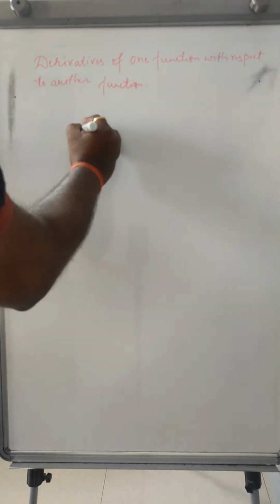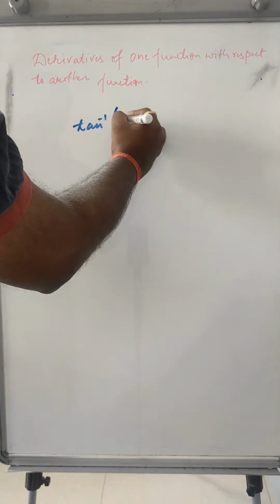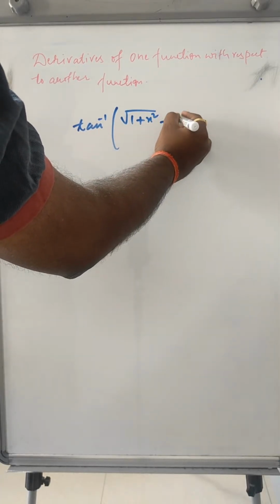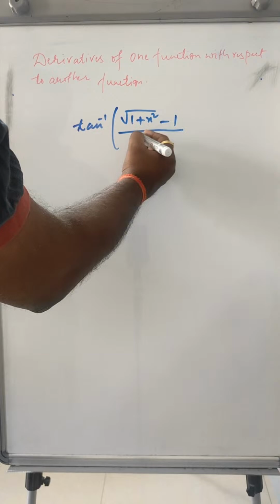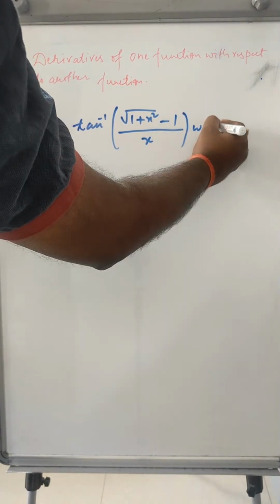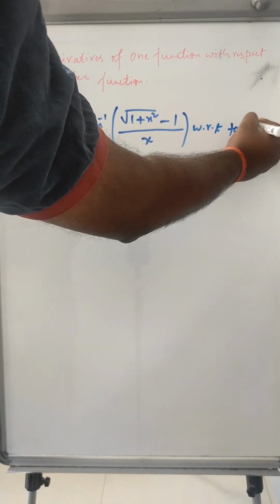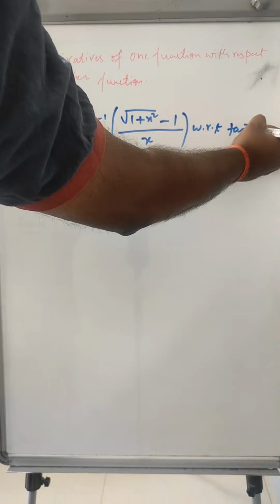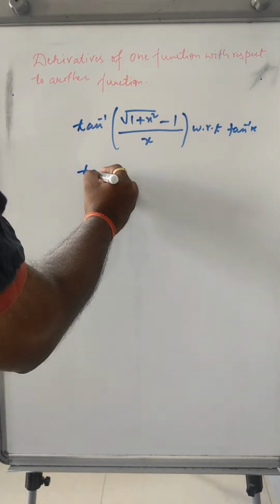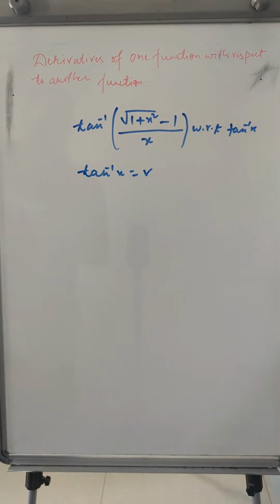So here tan inverse of under root 1 plus x square minus 1 over x, correct? And with respect to what? Tan inverse x. Okay. So here we will let tan inverse x is equal to v, correct?